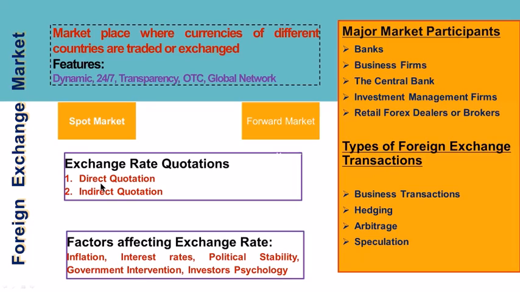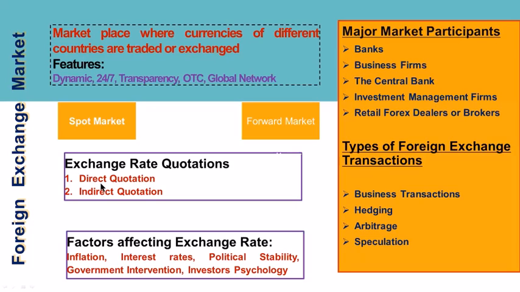So we express the direct quotation as 1 US dollar is equal to 76.60 Indian rupees. We have quoted rupee with the dollar as the base. That's an example of direct quotation. It's very simple and clear. Here the base currency is foreign currency. I hope you are clear with that. Can we move further?